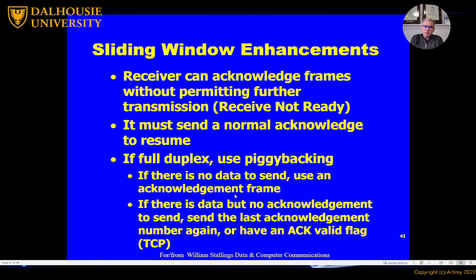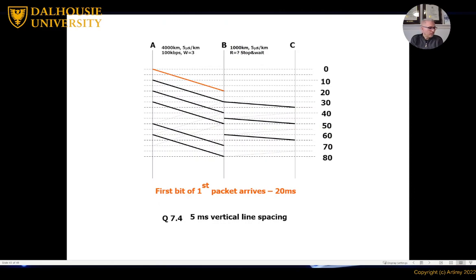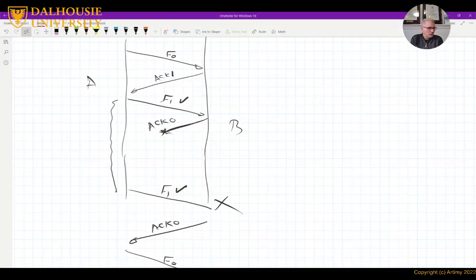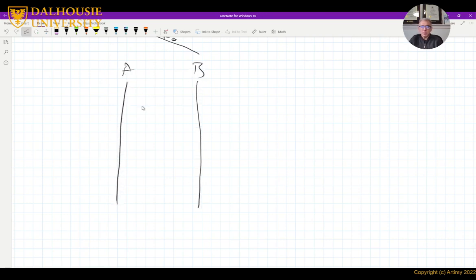And here the second part of the slide says in full duplex we use piggybacking. So instead of sending a specific acknowledgement here, we can send the acknowledgement with the frames themselves. So the situation is like we're sending frame 0 and then we're sending RR1, right?